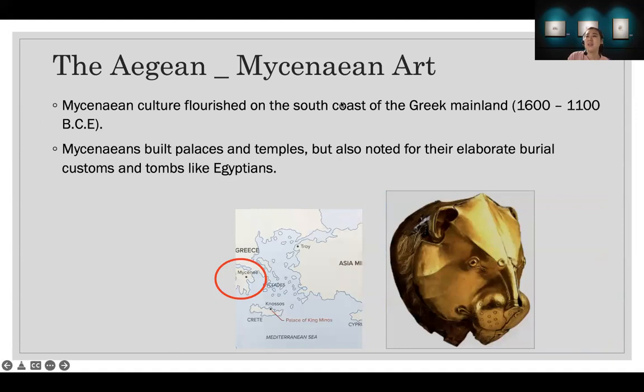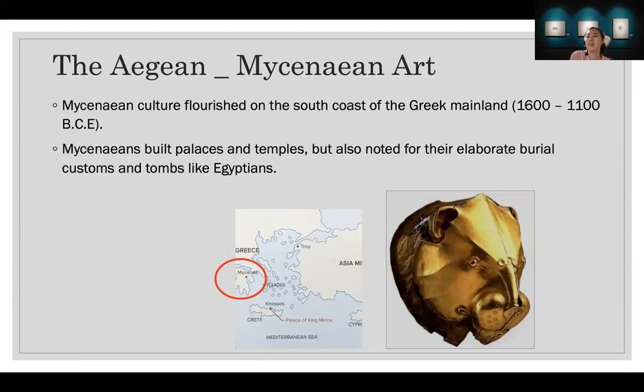And let's see Mycenaean. Mycenaean culture is so called because it formed around the city of Mycenae. It's right here, and flourished on the south coast of the Greek mainland.